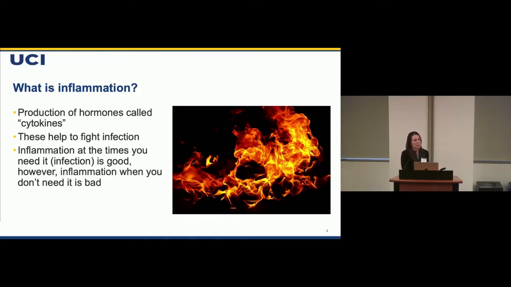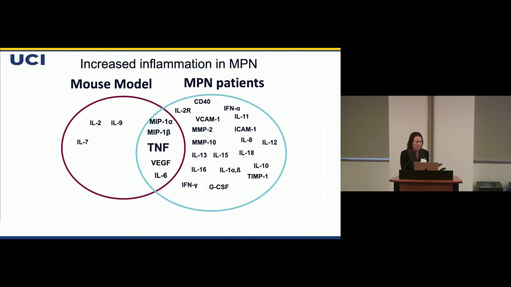And chronic inflammation in the extreme sense can cause things like autoimmune diseases, but we do know now that chronic low-grade inflammation can underlie a lot of chronic diseases such as atherosclerosis, and so really does have widespread implications for human health.